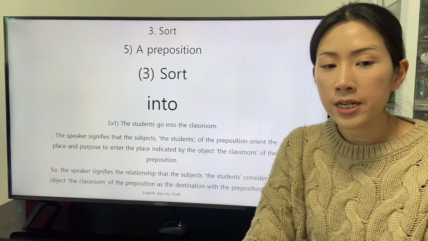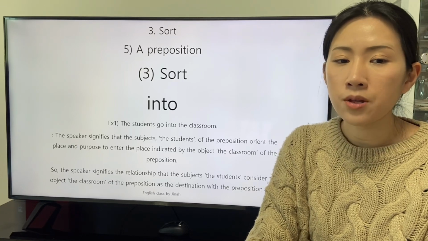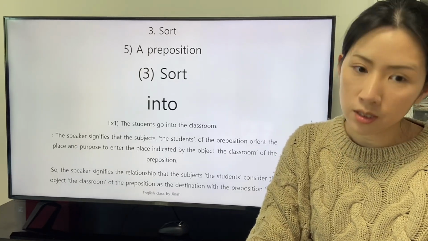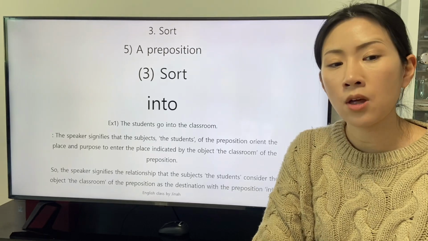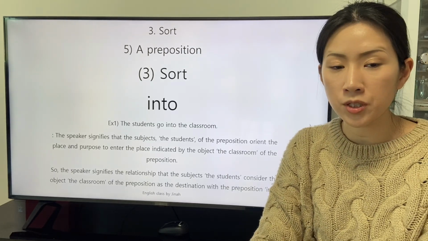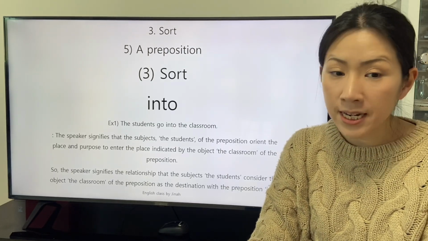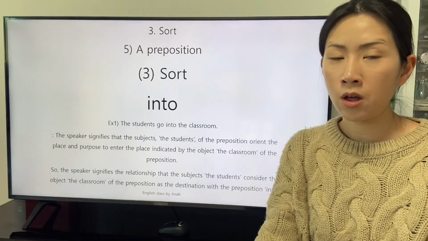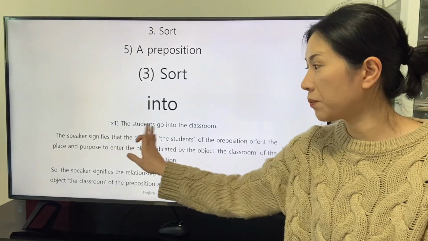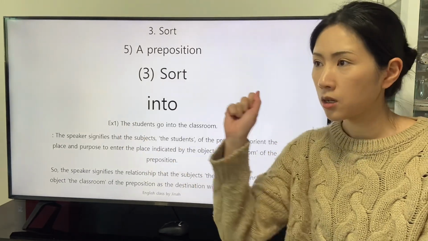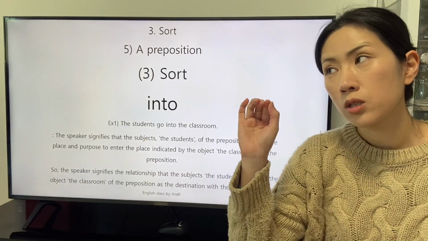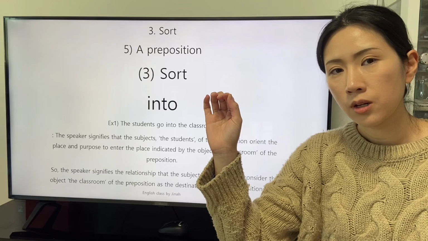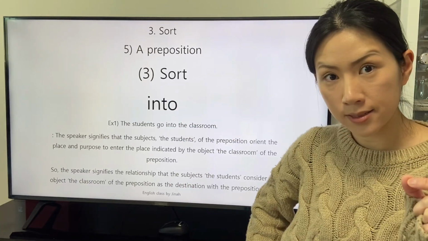So, the speaker signifies a relationship that the subject, the student, considers the object, the classroom, of the preposition as the destination with the preposition into. The subject of the preposition, the student, purposes to enter the assumed place.